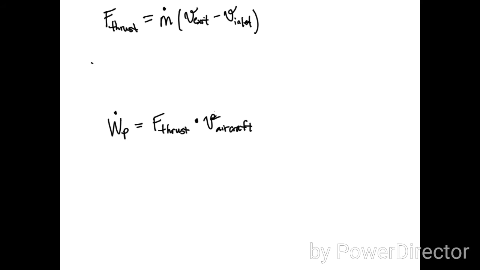Now that we know the exit velocity from the propeller, we can put that into our equation for thrust. We already know the mass flow rate going through the propeller and the inlet velocity.